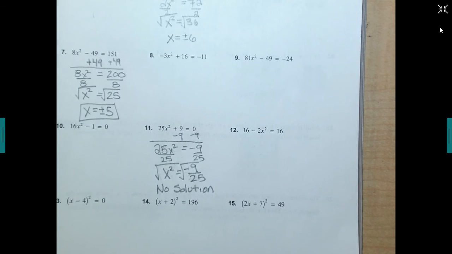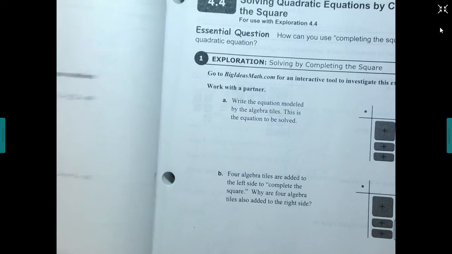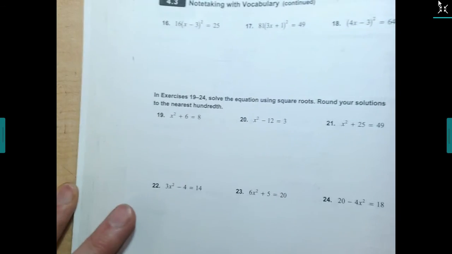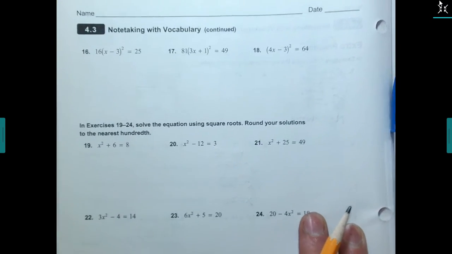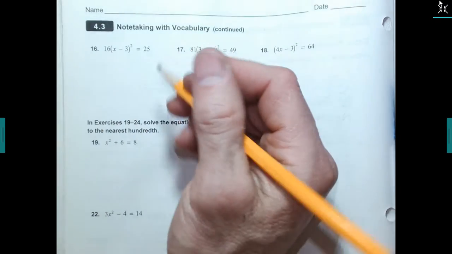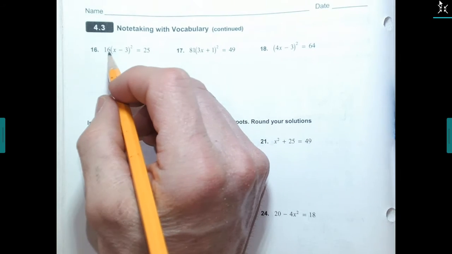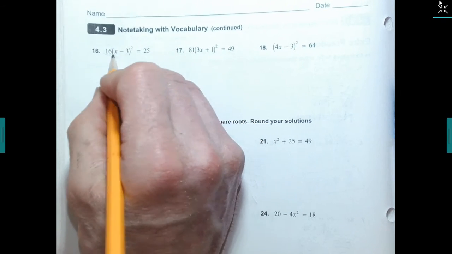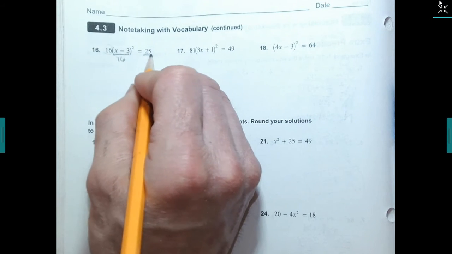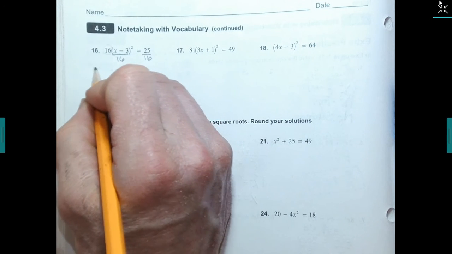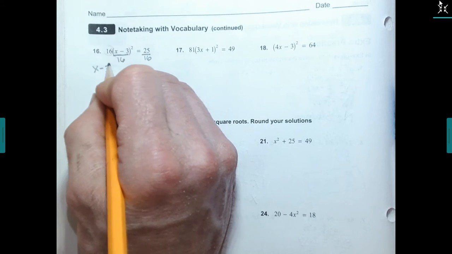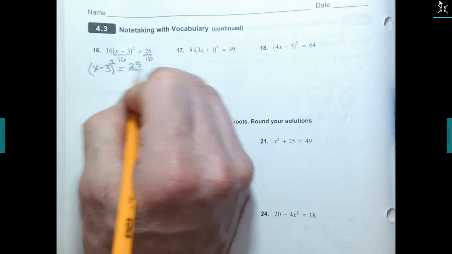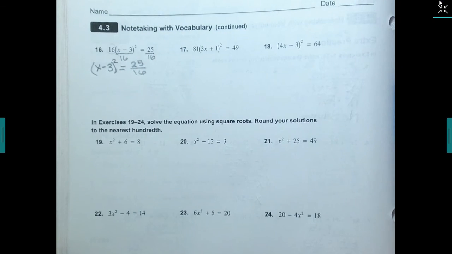Okay. Finish those up. And here's one I didn't show you how to do. This one is all about steps and order. What steps to do in what order. So what we have to get rid of first is this 16. So we're going to divide by 16 on both sides. And then we have x minus 3 squared equals 25 over 16.